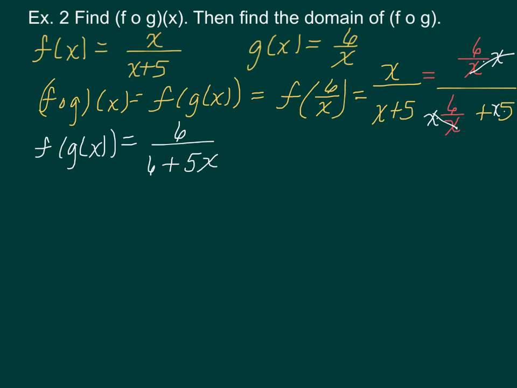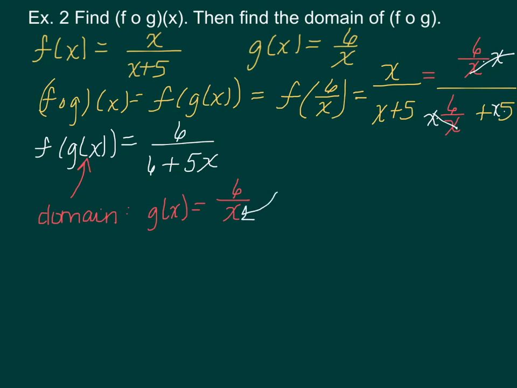When you do the domain, first you have to find the domain of the inside. So remember g of x was 6 over x. And you check your two things you're looking for. Do you see square roots? No. Do you see a fraction?